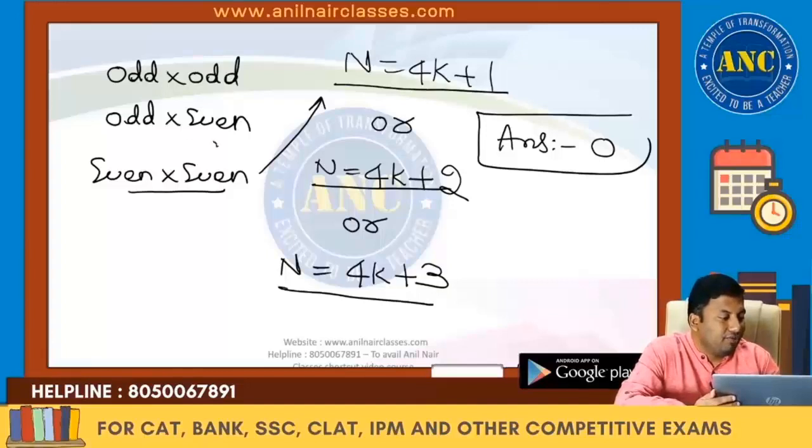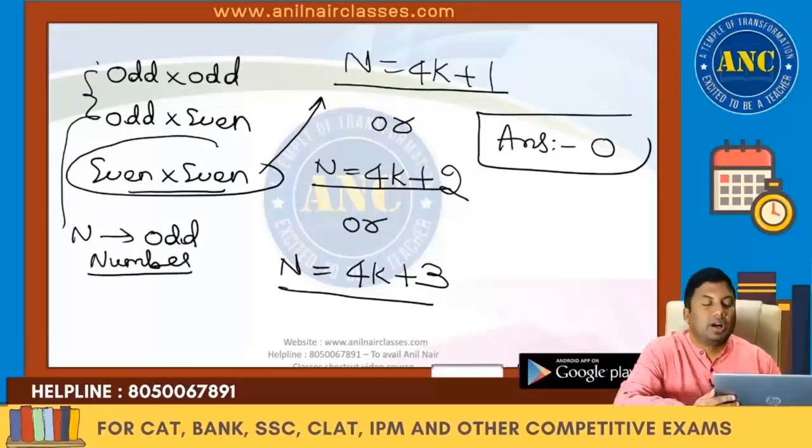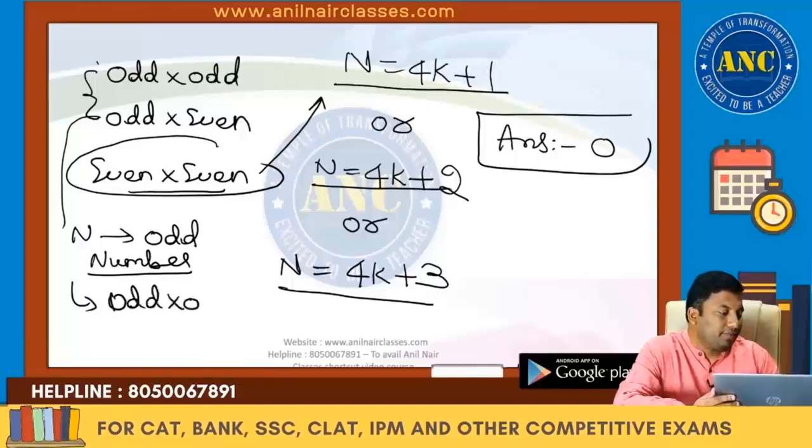For odd into even, if the number is an odd number, decompose the number as a product of odd into odd.